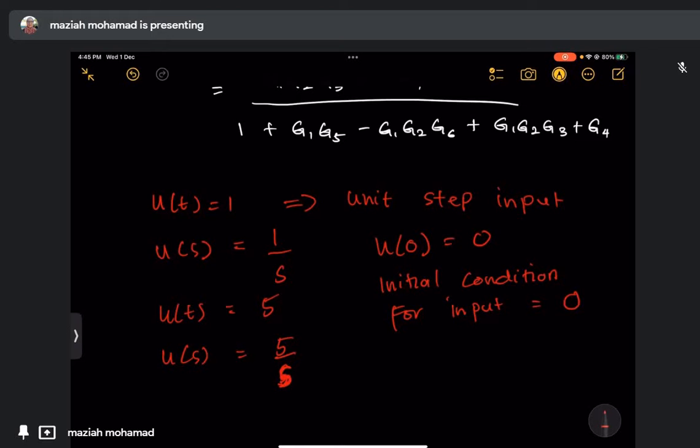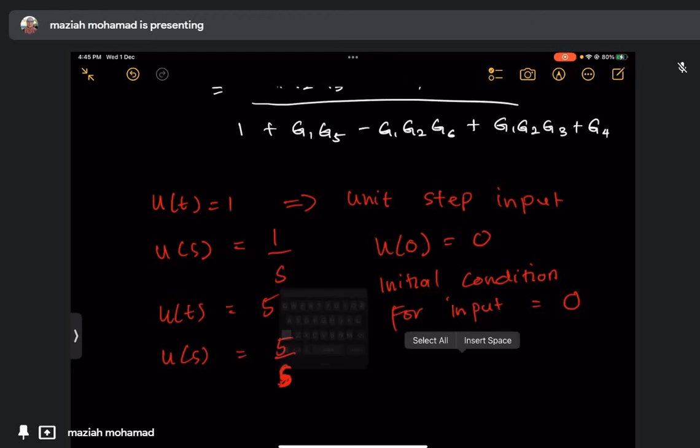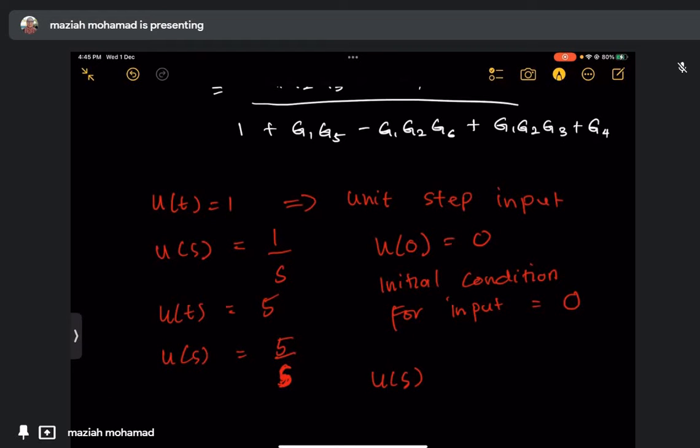Right. So meaning here your U(s) is not just 1 over s. Meaning maybe your input is not a step input.